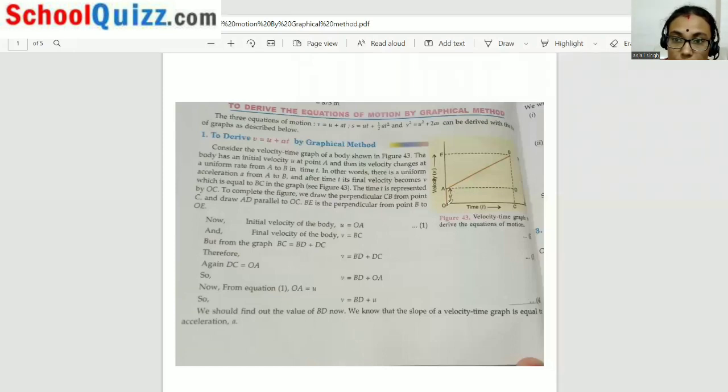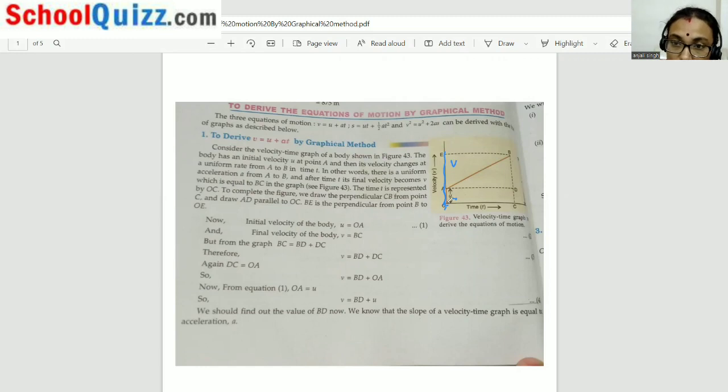This is the initial point O. An object from O to A, this is the initial point, and that will be U. And from O to E, that will be the final point. So that will be V. Clear? Here it is written V.